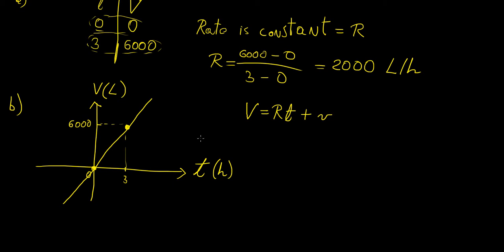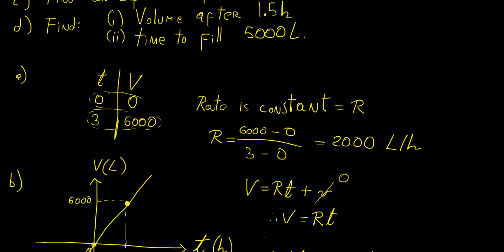We notice the vertical intercept is at 0, so this term is just going to be 0, which means the equation of the line is just rate times time. We already know what that is, so V is equal to 2,000 times t, based on that straight line we just drew. That sounds like a reasonable number, because if we plug in 3 hours here, we get 6,000 liters. So this is part C, the equation of that line.